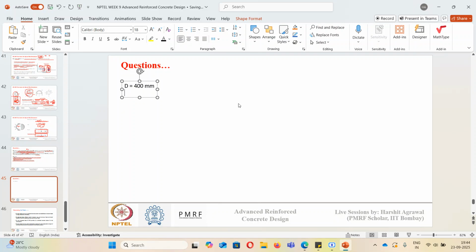So we can calculate the gross area of the column, which is pi r squared, so 3.14 into 200 into 200. This will give the gross area, which comes out to be 125,663.71 mm square.